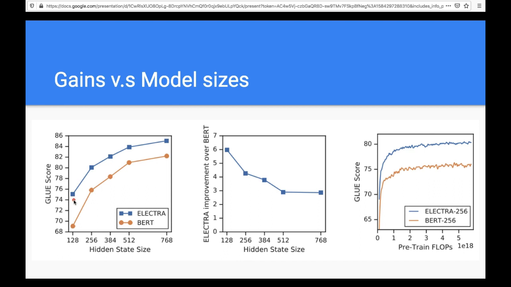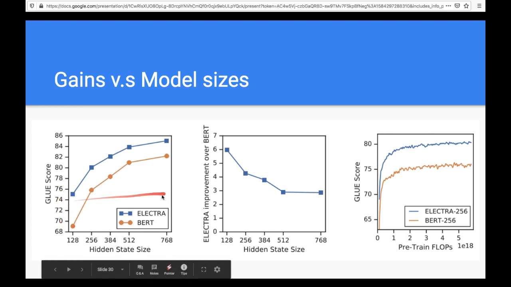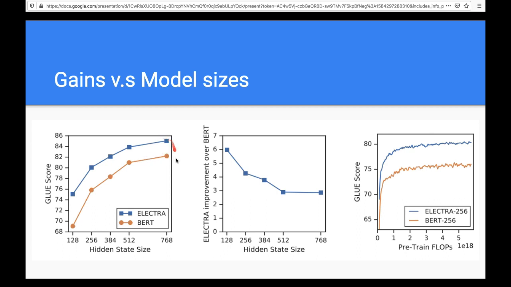It's almost 8% more GLUE score over BERT. And when the model size increases, then the ELECTRA's gain is not that significant, but still quite high. When you increase the hidden size, your improvement over BERT decreases, but is still around 2.5%, which is still significant, I would say.